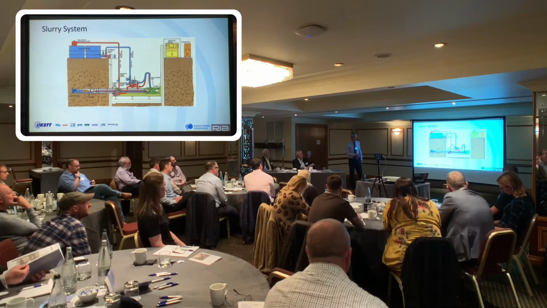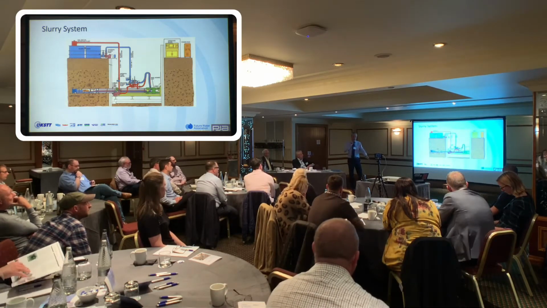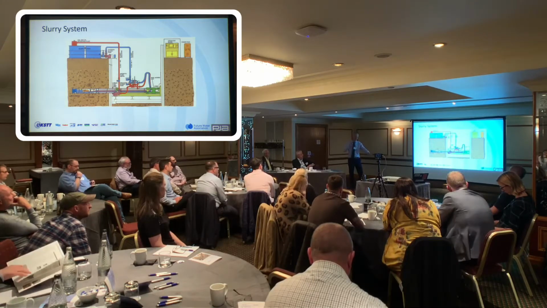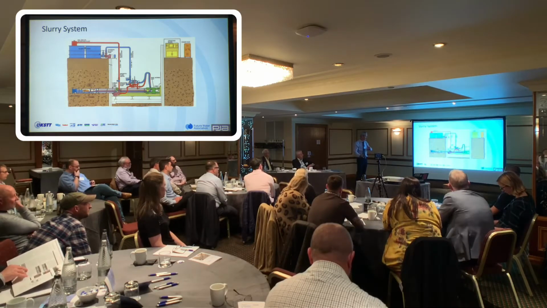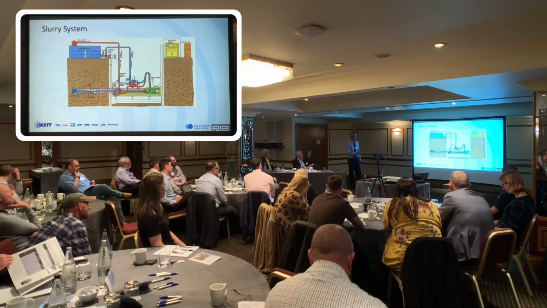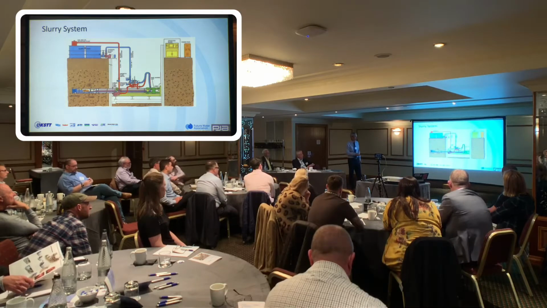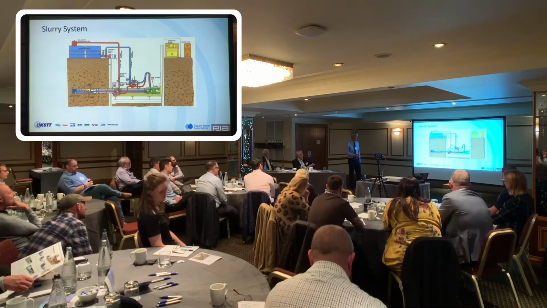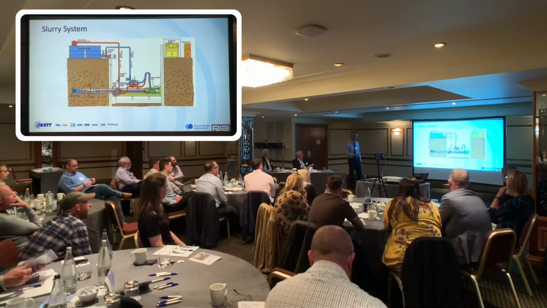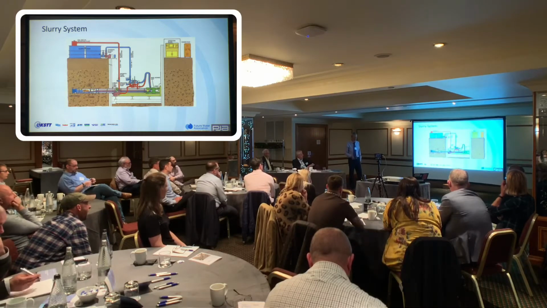This is a bypass valve which enables you to switch flows, so you can turn flow from the charge line to the discharge line if you need to. We've got some kind of separation equipment, and we've got pumps which will charge the slurry to the machine, and a pump in the tunnel, or in the shaft, which will discharge slurry back to surface to the separation plant.